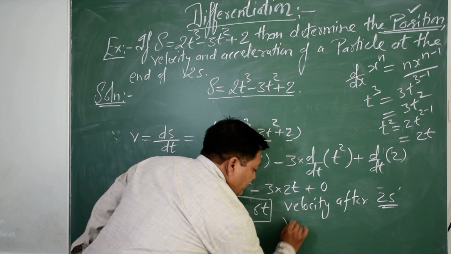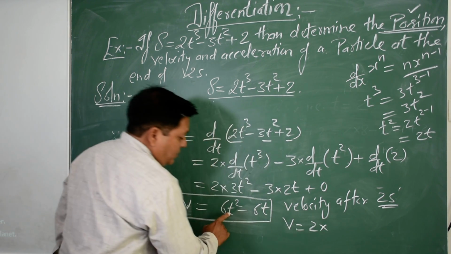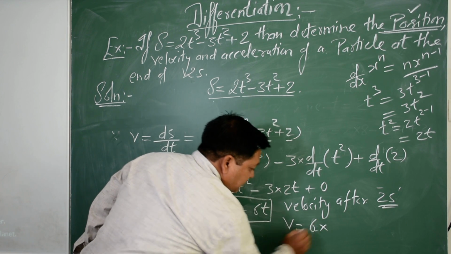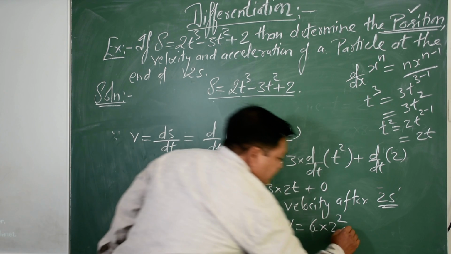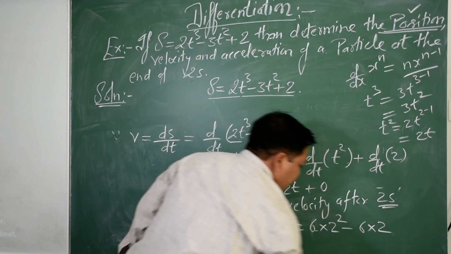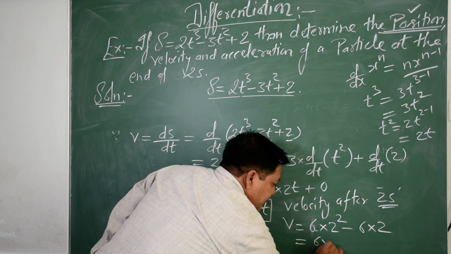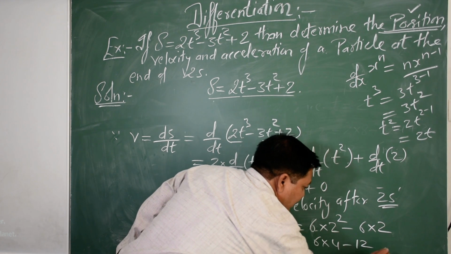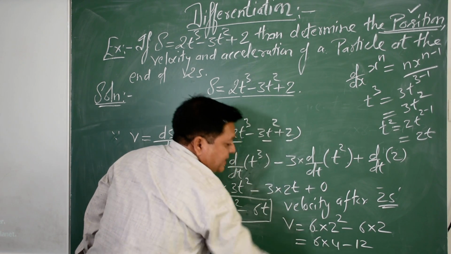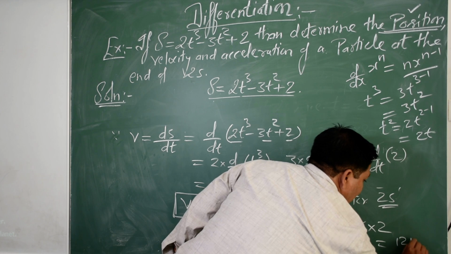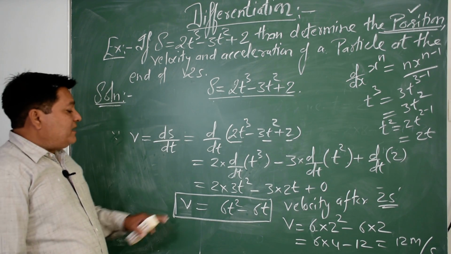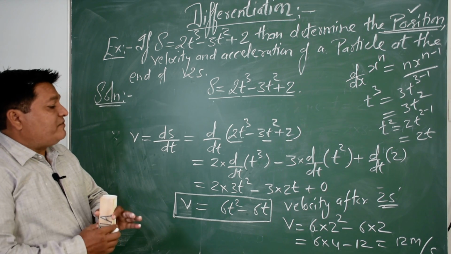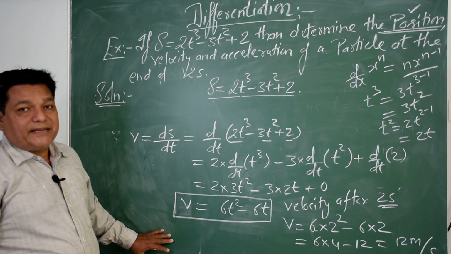We get v is equal to 6 into t square, means 2 square, minus 6 into 2. So 6 into 4 minus 12. So 24 minus 12, we will get 12. So velocity will become 12 meter per second. So at the end of 2 seconds, we get the velocity of particle is 12 meter per second.